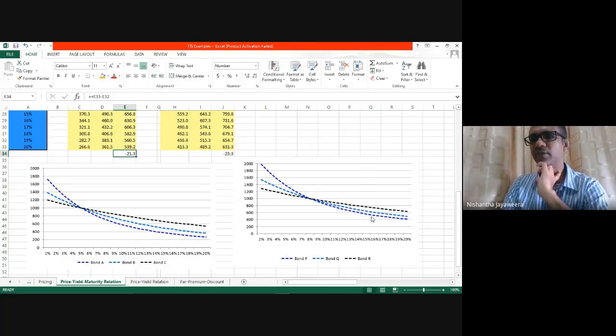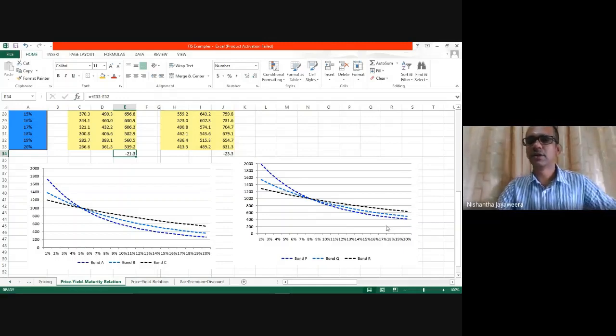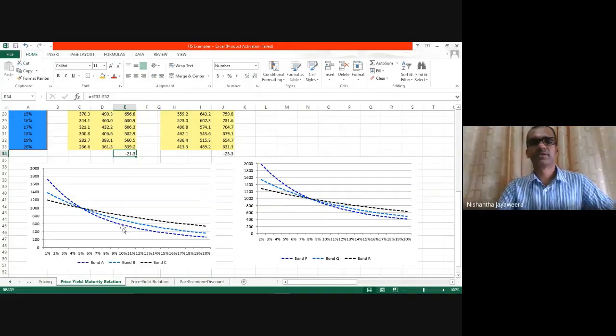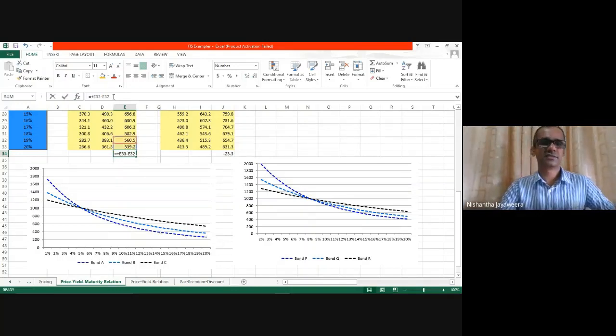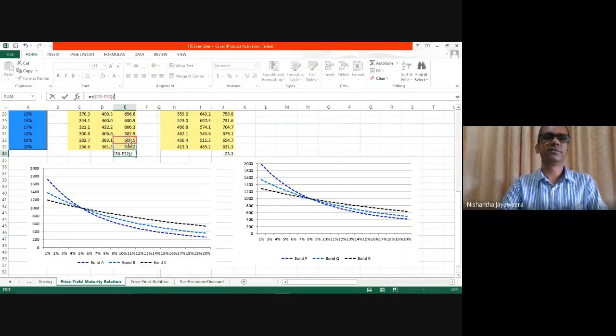So when it goes to higher yields, the curve becomes flat. In this, the curvature remains there for a longer period, so the price decrease is at a higher rate. We will divide it by the previous rate.